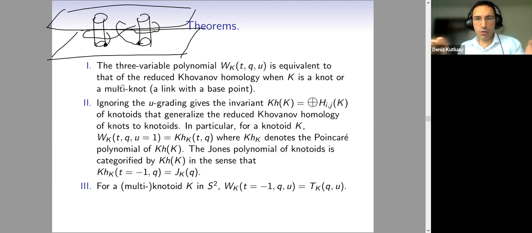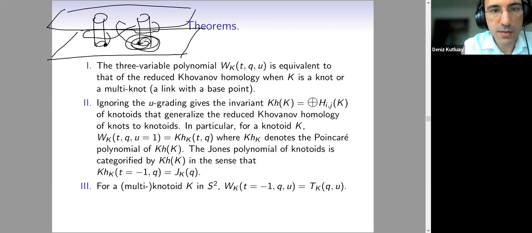The endpoints can move freely on the tube. So for example, you can make this go around many times and then come back to this point. So it can wrap around one of the endpoints.